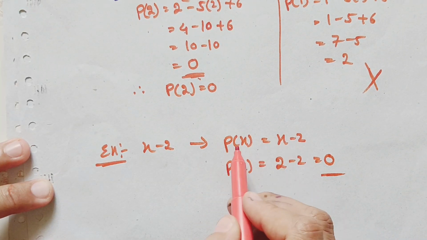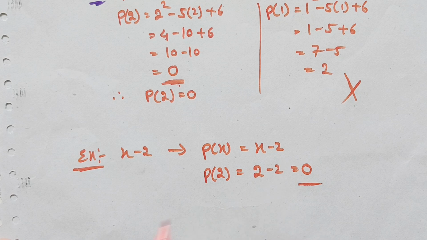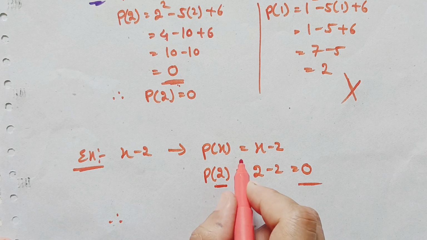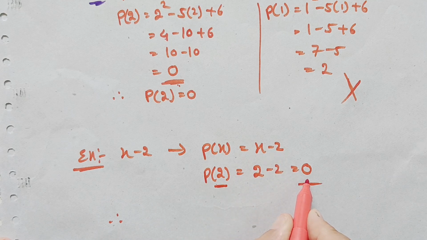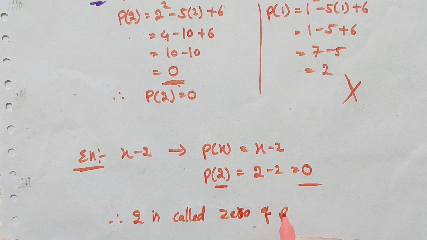Then I can say 2 is the zero of the polynomial p of x, x minus 2. Okay, now it's clear. So this we can write here: 2 is called the zero of polynomial p of x, which is x minus 2.